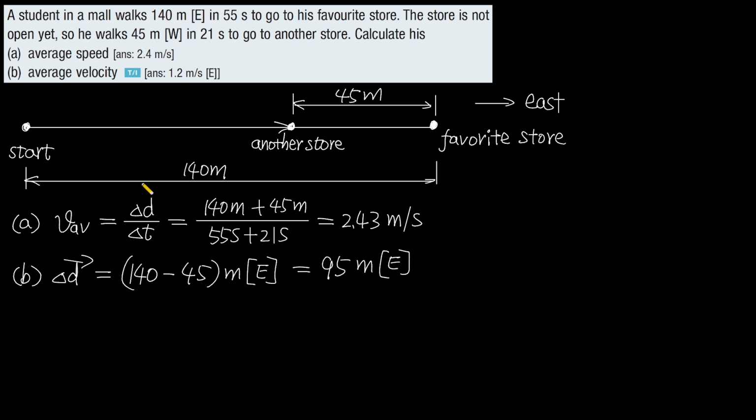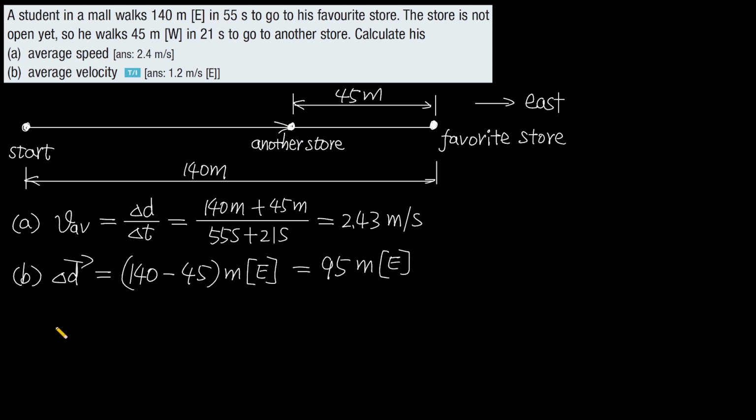So for the displacement, we just check his start point and his end point. We do not care about what he did in the process. We just care about the start point and the end point.